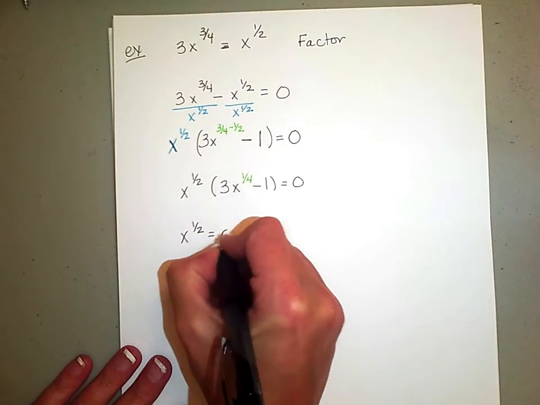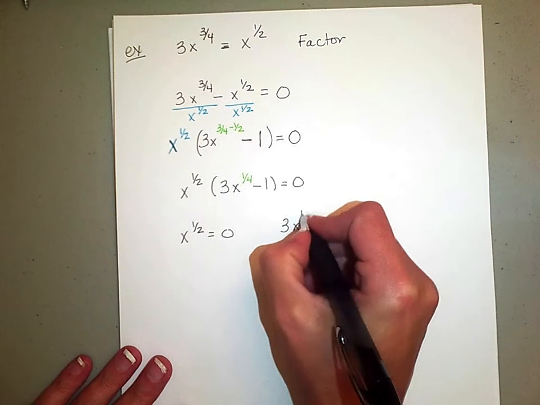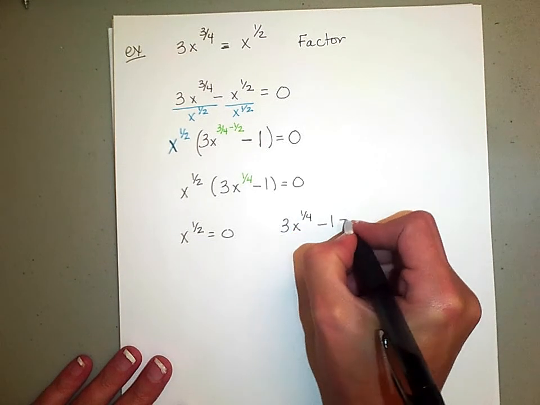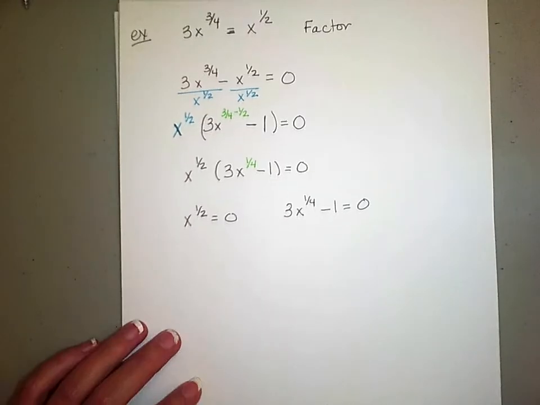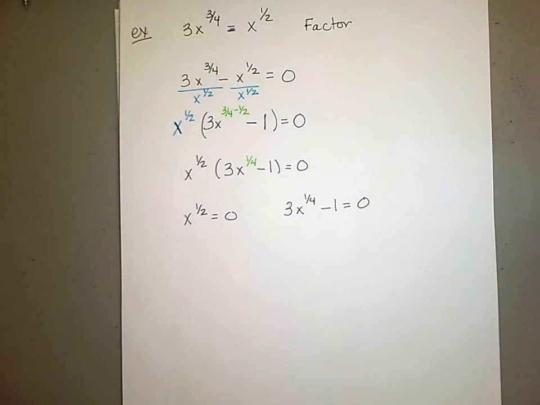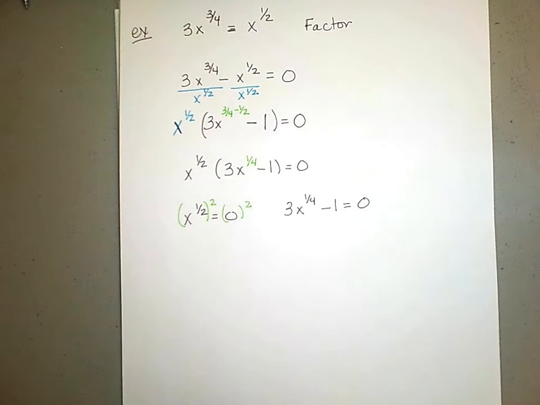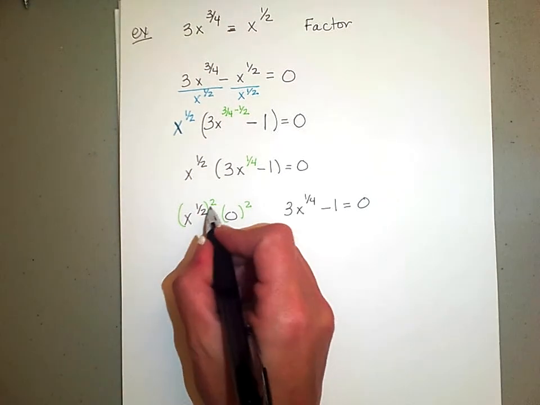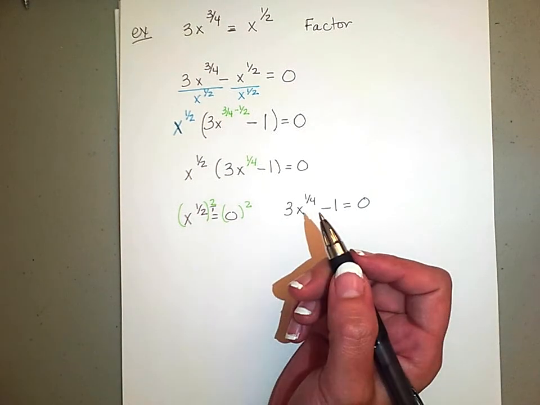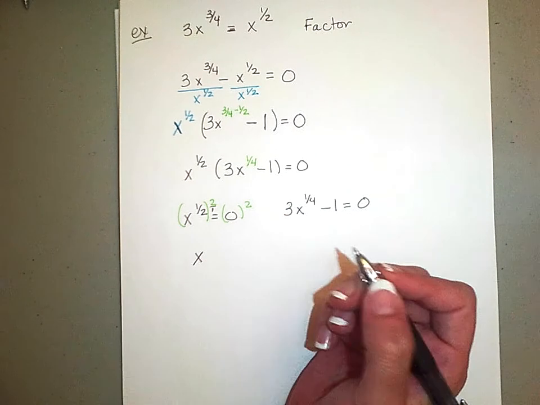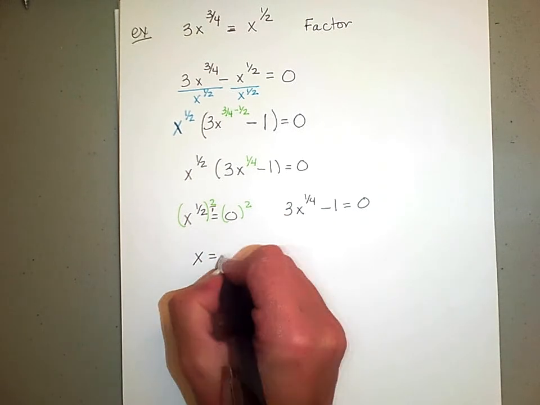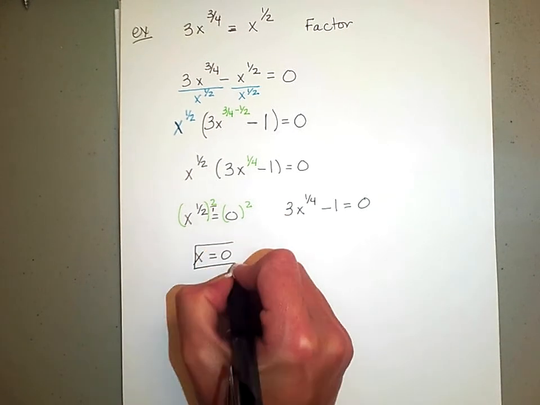It's either that x to the 1/2 equals 0, or 3x to the 1/4 minus 1 equals 0. And now we can solve. To solve this one, I simply need to square, because 1/2 times 2 over 1 is x to the first power. And 0 squared is 0.